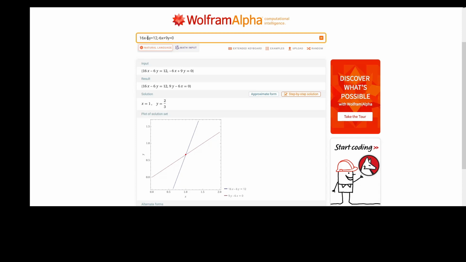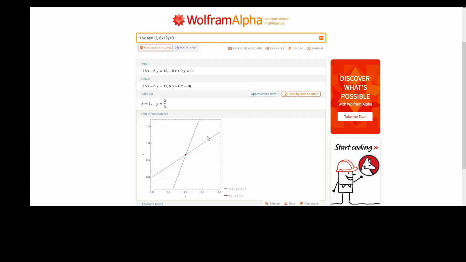So I chose X and Y. So your IAs are all X's and your IBs are all Y's. And you type that in, again separated by a comma, hit the enter or the equal, and it spits out a solution for you. And it says X equals 1, Y equals 2/3. So remember those, we're going to use those. So X would be IA and Y would be IB.